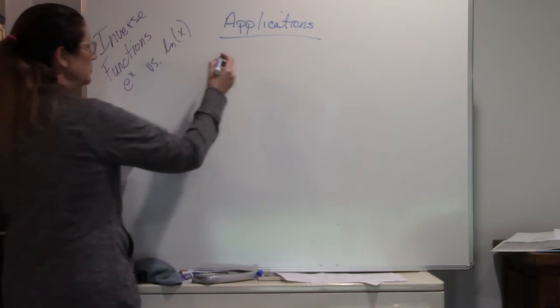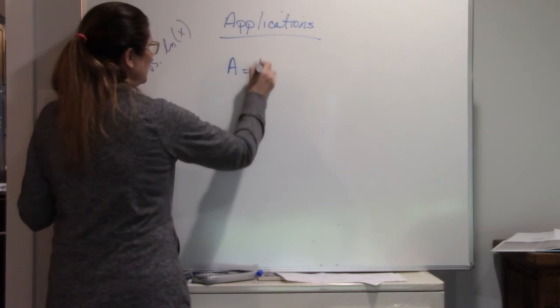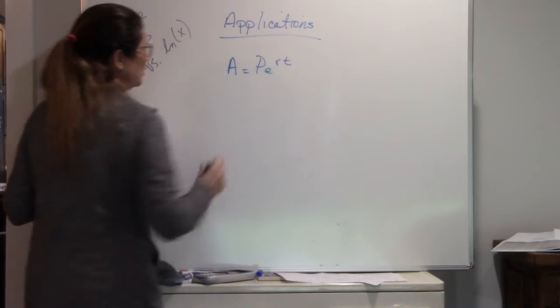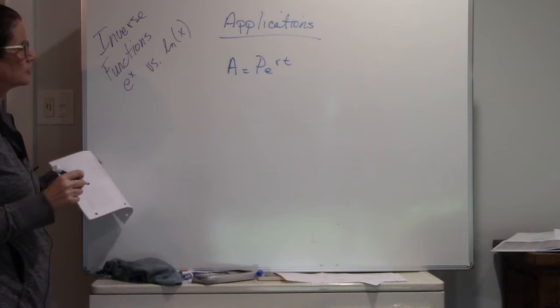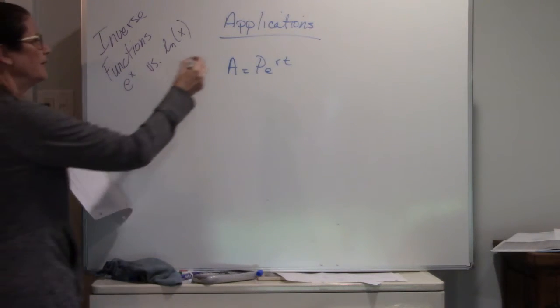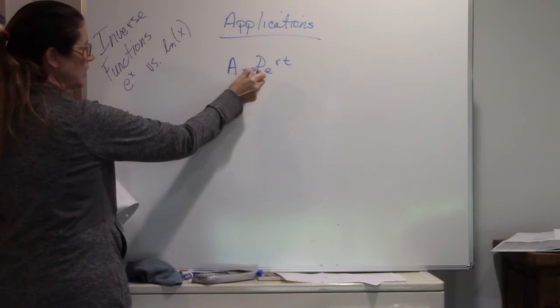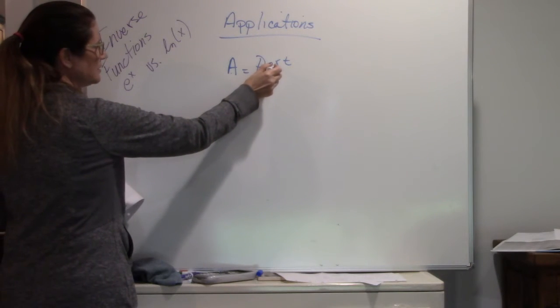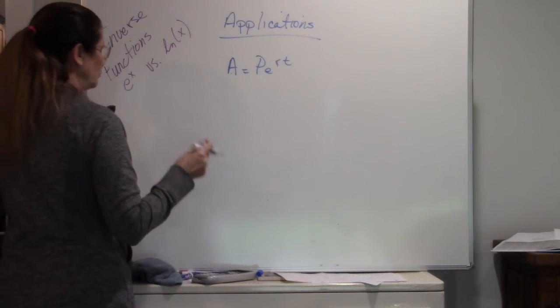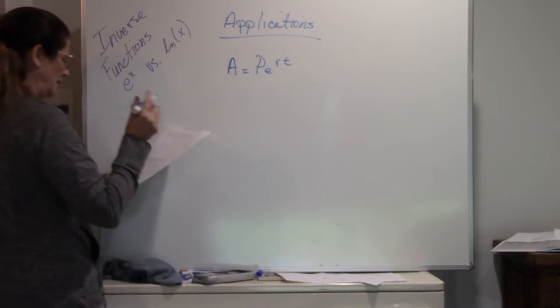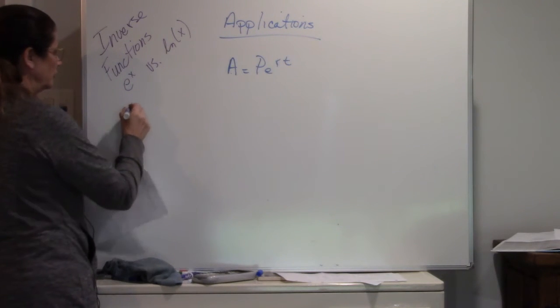Because we see the term continuous, we know we are using our continuously compounded interest formula. The A is the ending amount, the P is the beginning amount, the R is the rate, and T is time. So with this scenario, he took out an $800 loan.